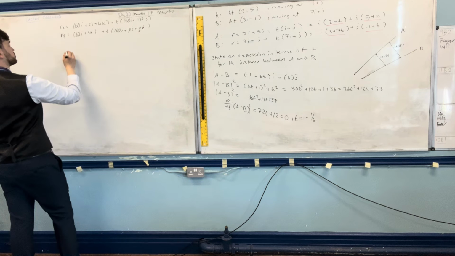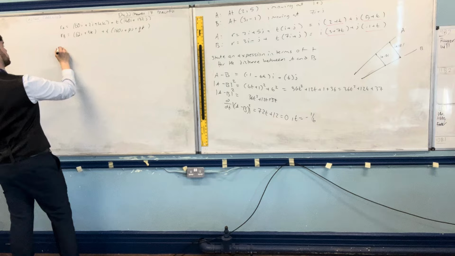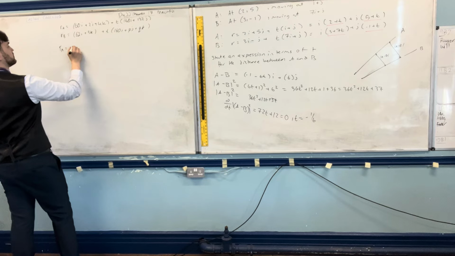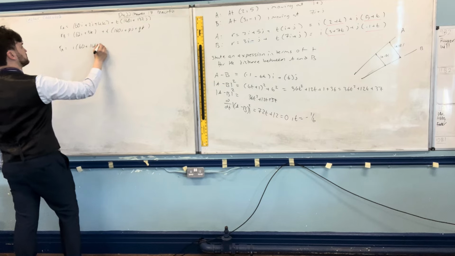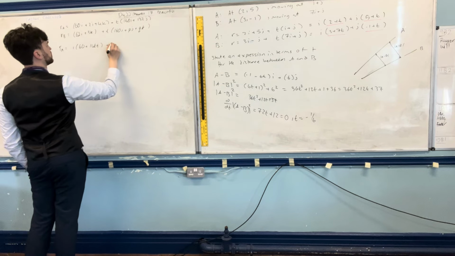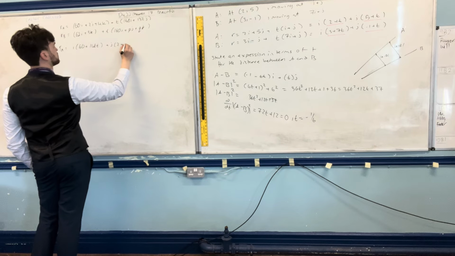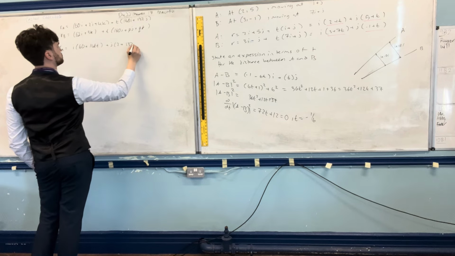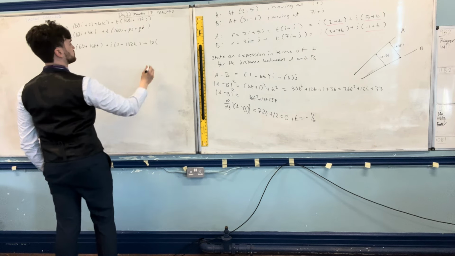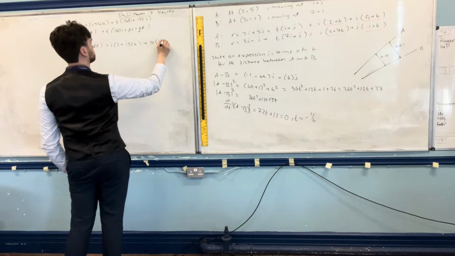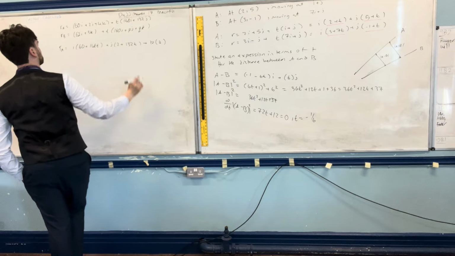Okay, so putting each of these into component form then, r of A is i times (60 plus 168t), and then j is 2 plus 132t, and then k, it's just 4. Yeah, it's just 4 because there's no k's in that one.